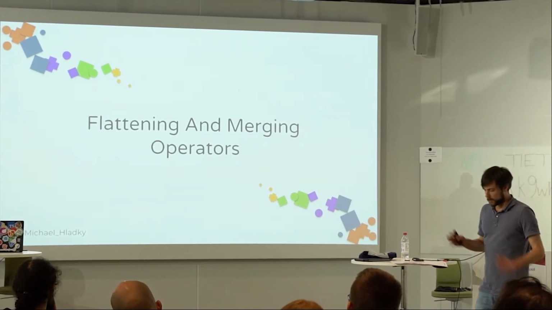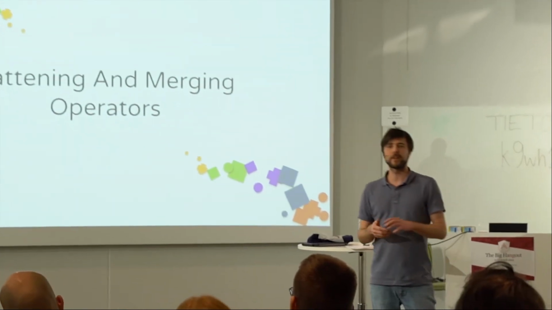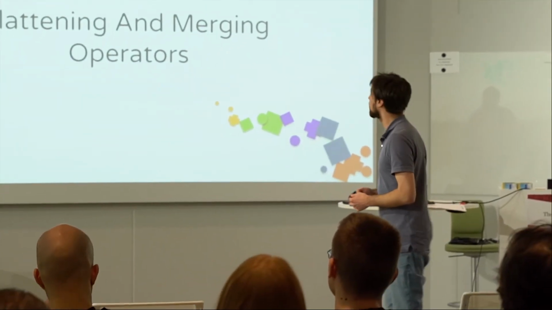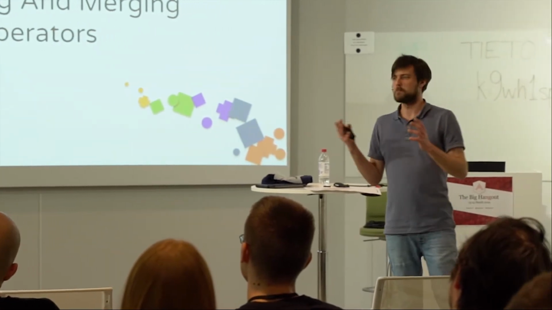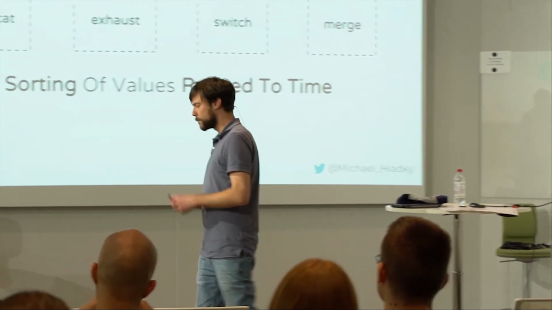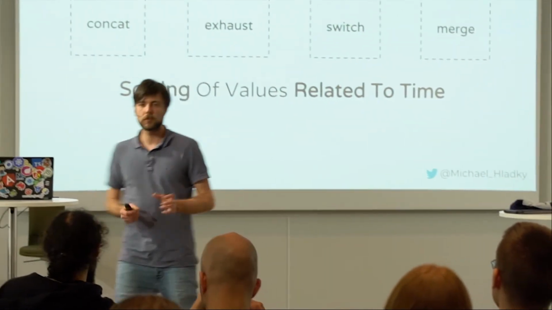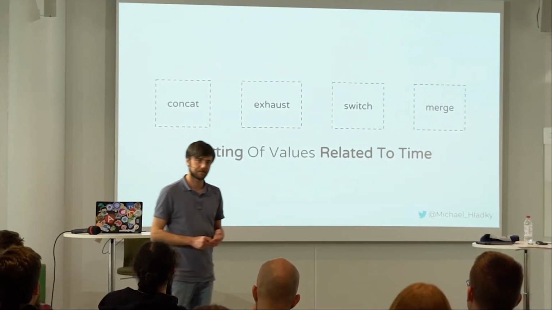Okay, those were the simple parts. Now we can go on and start with more complex problems or more complex operators. I want to start with a group that I called flattening and merging operators. I will talk about the 4 parts: concat, switch, merge, and exhaust.